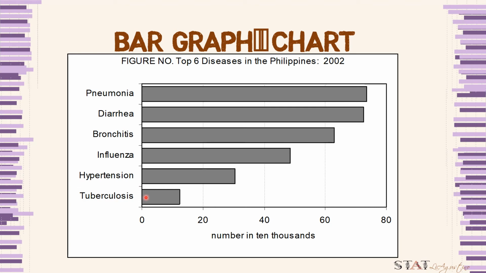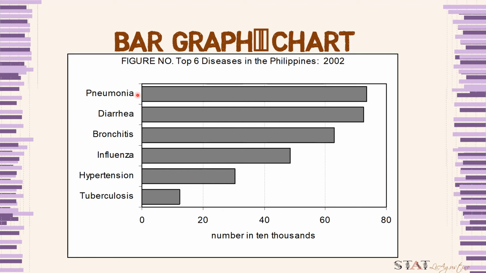This is the top 6 diseases. And in our counsel on diet, let's be as healthy as possible to avoid these diseases, and also to help other people who have these kinds of diseases. So this is how you present your information using the bar graph.